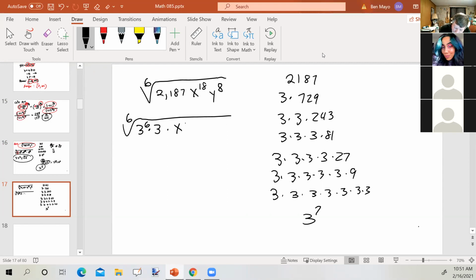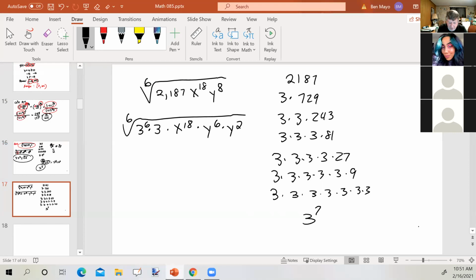X to the 18th power, 18 is a multiple of 6, so I'm going to leave that alone. Y to the 8th power, I'm going to write it as y to the 6th times y squared, because the biggest multiple of 6 I can take out of there is just 1, so a 6 with 2 left over. You see what I'm doing there?